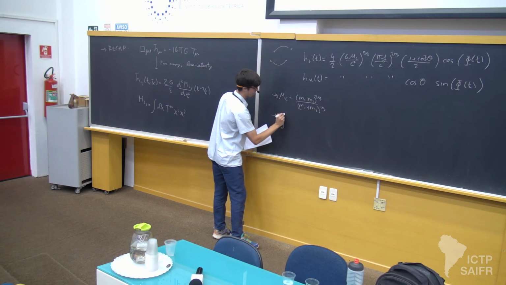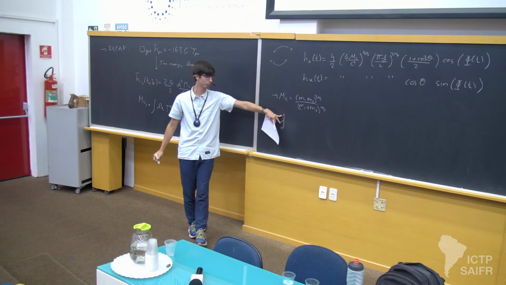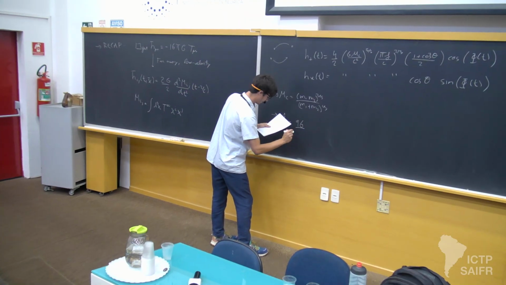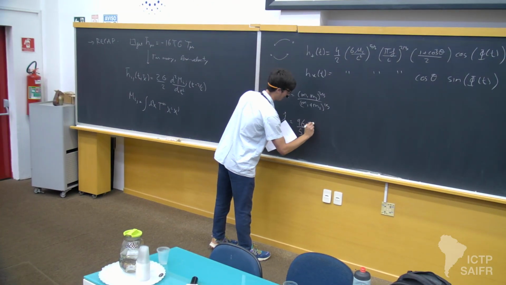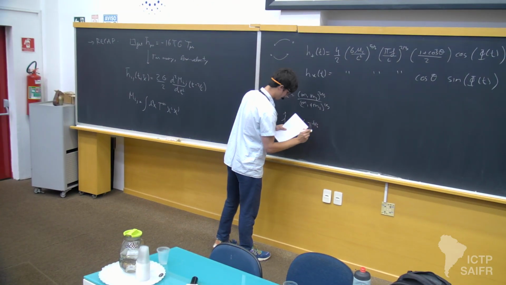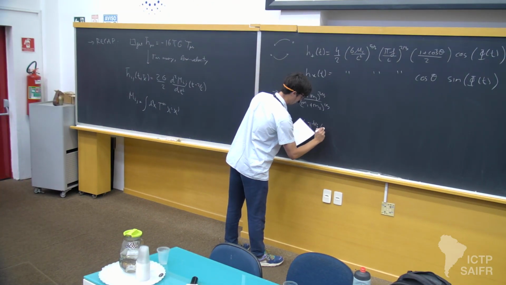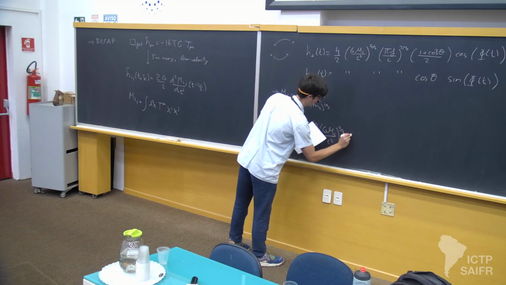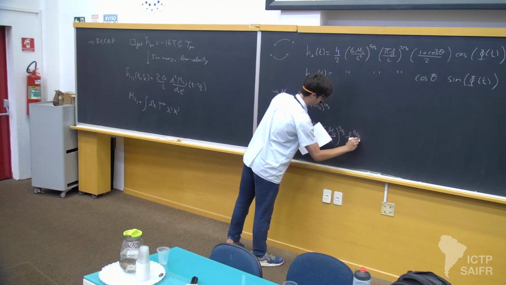So we derived that the frequency evolution of the gravitational wave is also just determined by the chirp mass alone: G M chirp over c cubed to the 5/3, f to the 11/3.